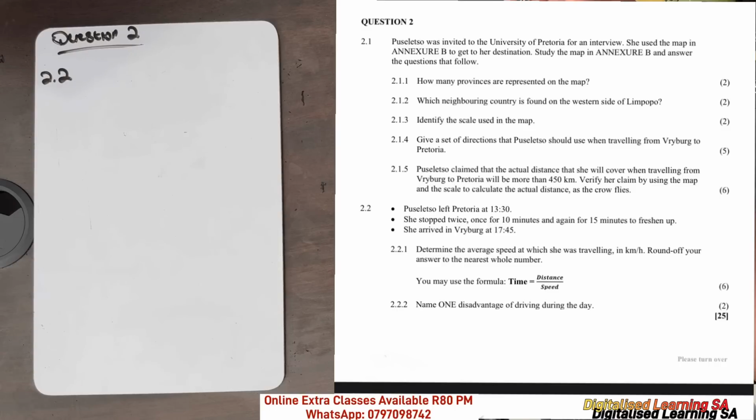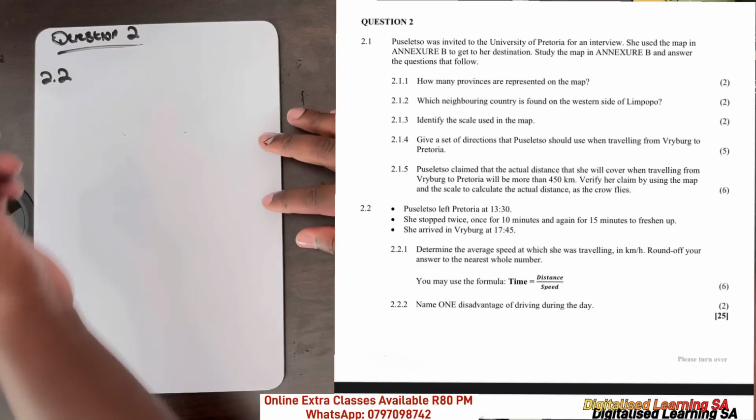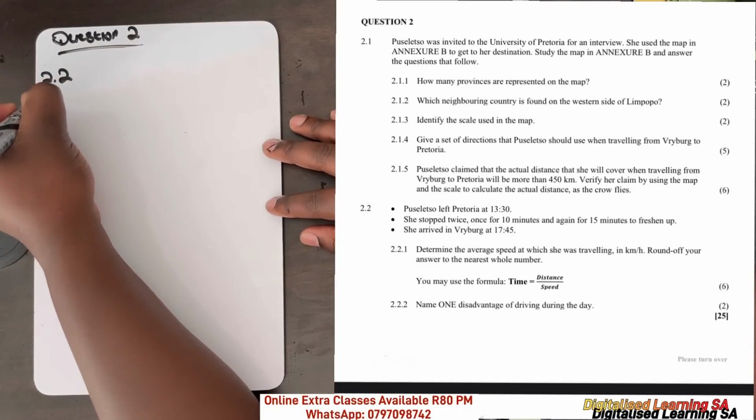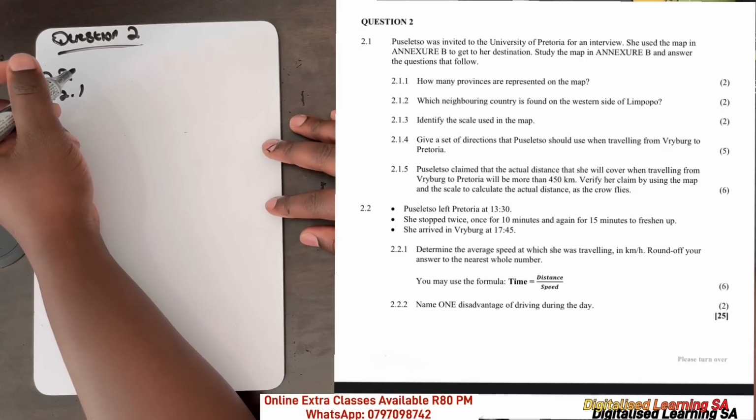We are told that we may use the formula time equals distance divided by speed. First, we need to understand how many hours it took Puseletso to travel from Pretoria to Vryburg.